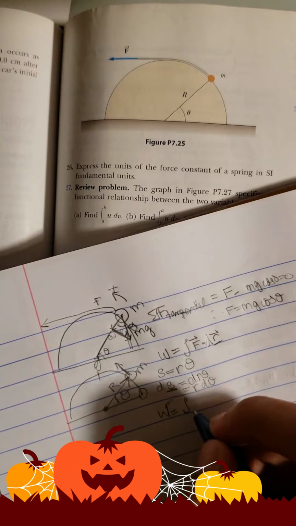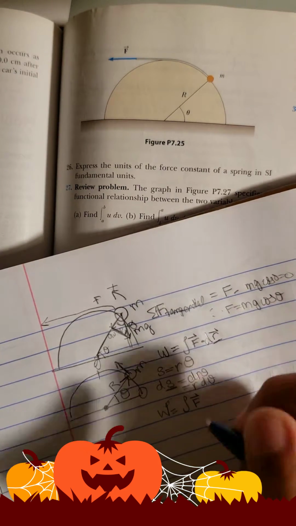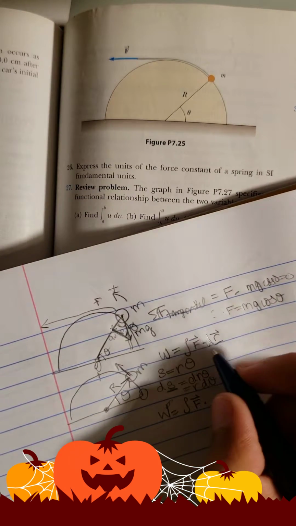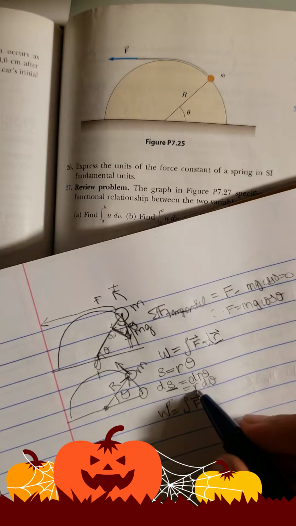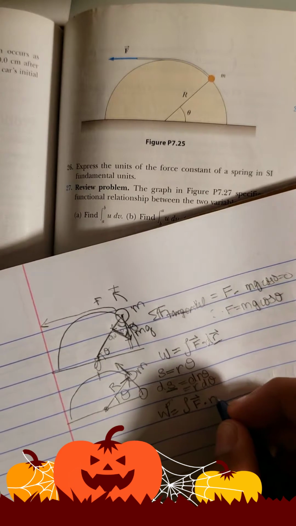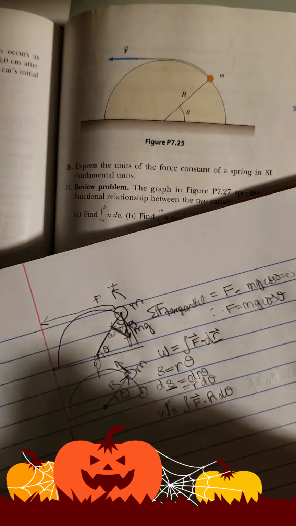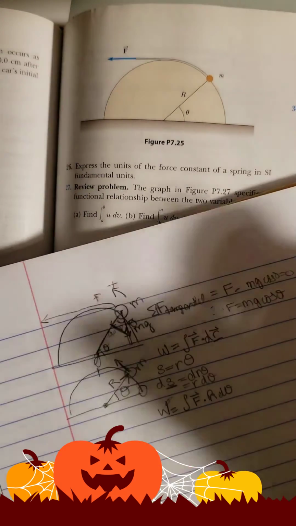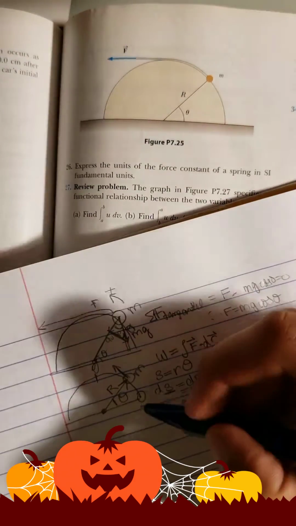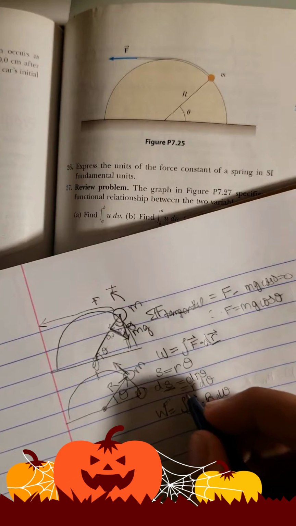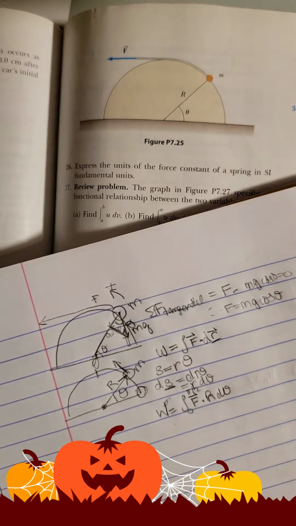Work equals the integral of the force dotted with the displacement. And the displacement just becomes r d theta, where r is the radius of the circle. And now we're integrating from angle 0 to pi over 2, so we'll put the limits of integration over there.